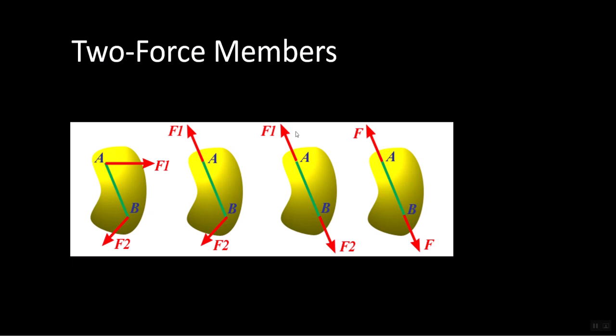So for force balance, F1 must be equal to F2. So a property of a two force member is that the two forces pass along the line joining the 2 points of application, and the forces are equal.